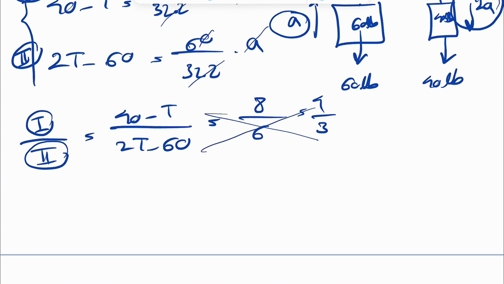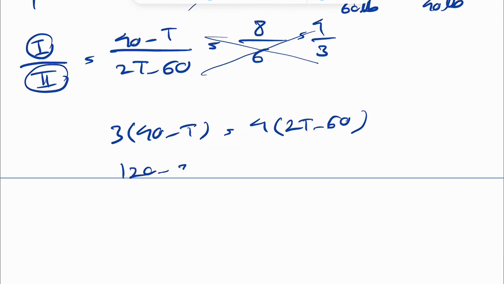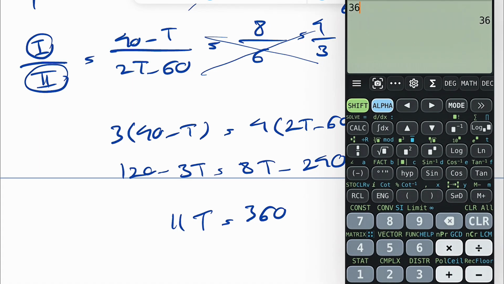And we just have to cross multiply this to find the answer. 3 times (40 minus T) is equal to 4 times (2T minus 60). So 120 minus 3T equals 8T minus 240. So 11T will be equal to 240 plus 120, 360. So 360 divided by 11. So T would be 32.7 pounds.